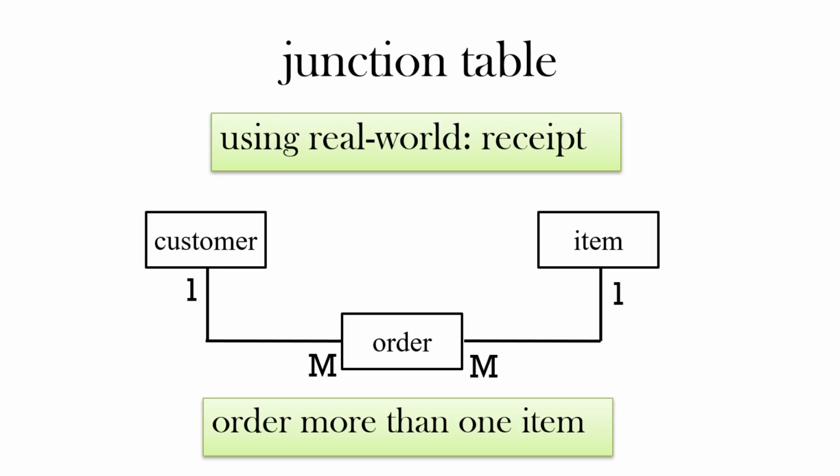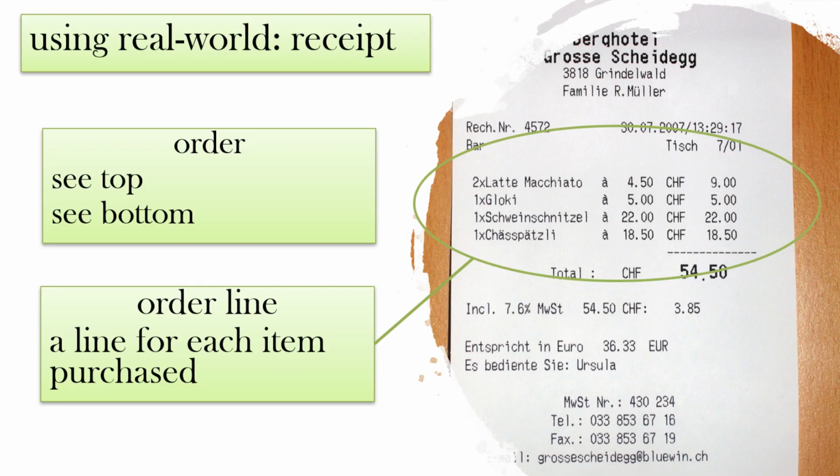Now if we think of the real world, we might have a look at a receipt, and an order might have more than one item on there. So here's an example of a receipt. Now here's, if you like, an order.